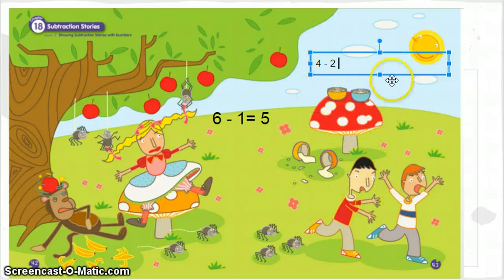So we had 4 bowls of porridge. 2 fell on the ground. How many are left on the mushroom? Okay, I hope you said 2. So there were 4 bowls of porridge altogether. 2 fell off the mushroom and fell to the ground. Now there are only 2 bowls of porridge left on the mushroom.